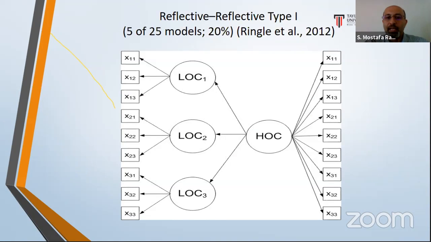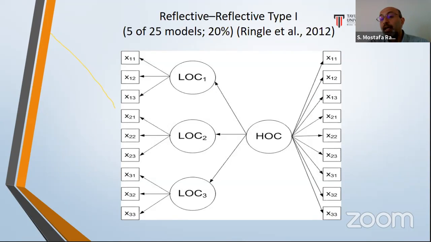If you look at this figure here, HOC, for example, perceived value, is measured by 3 dimensions. So it means we establish and measure perceived value based on some dimensions, and these dimensions are measured based on some observed items, right?